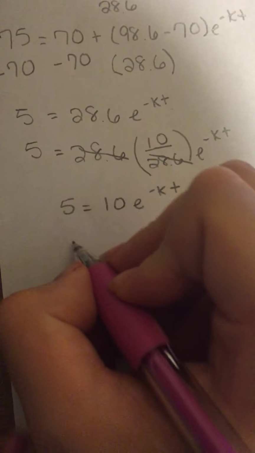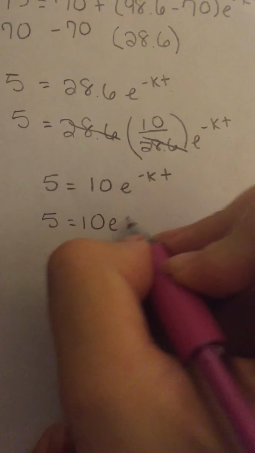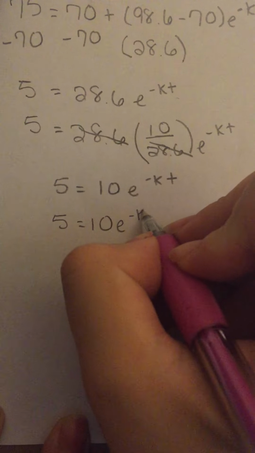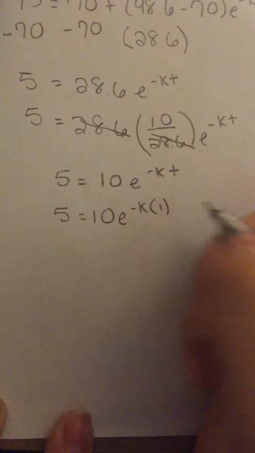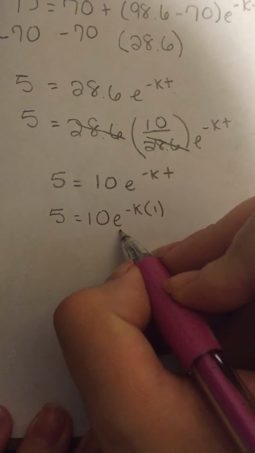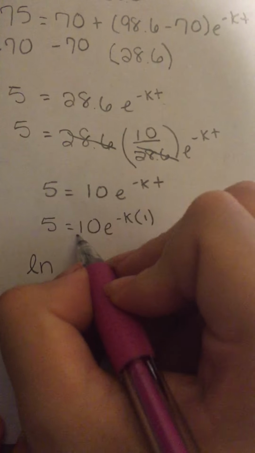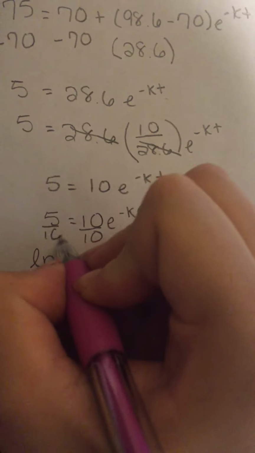I am now going to replace the t with 1, which represents the hour that had passed, and I am going to replace e with ln, and I am going to divide both sides by 10.